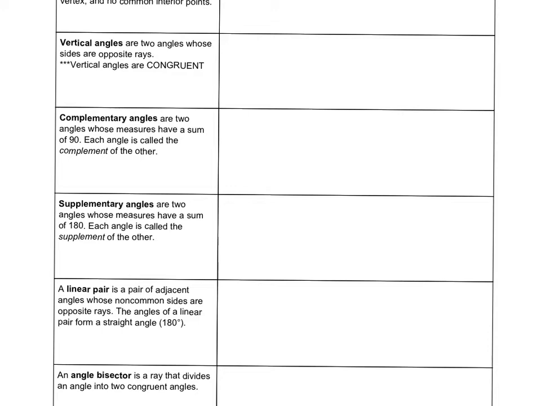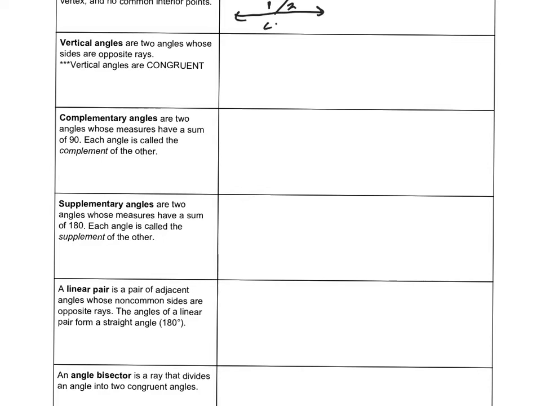The definition is: adjacent angles are two coplanar angles with a common side, a common vertex, and no common interior points. For example, let's say here we have a straight angle, and then we have a ray. So we have angle 1 and angle 2. These two angles share a common side, a common vertex, but no common interior points.